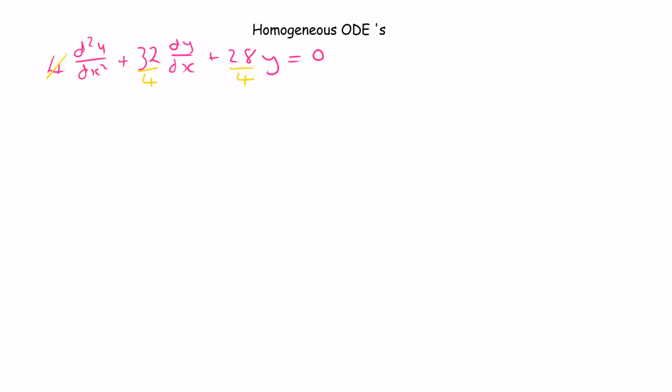So now we can have a look at our auxiliary equation. Lambda squared plus 32 over 4 lambda, which is 8 lambda, plus 28 over 4, which is 7, equals 0. To solve this, we would have lambda plus 7 and lambda plus 1, which would mean that lambda is equal to negative 7 and negative 1.